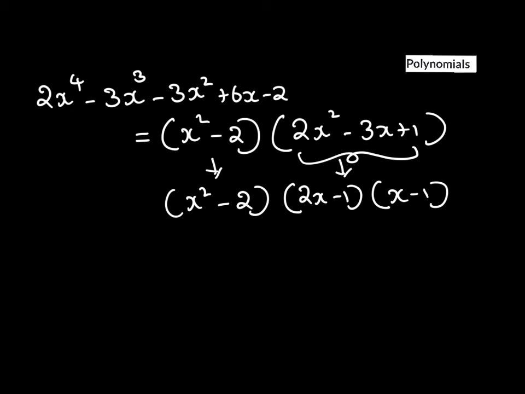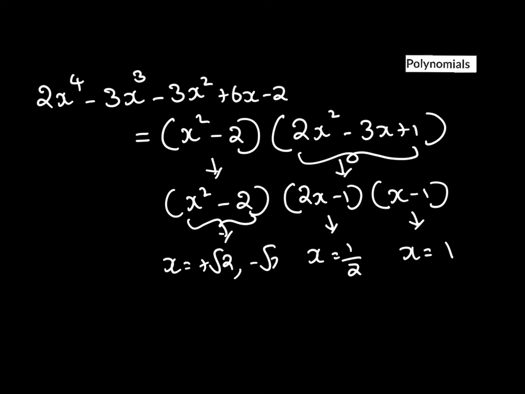So we know that the zeros of this polynomial will be, this 2x - 1, x will be equal to half, and when x - 1 is a factor, the zero of this will be 1. We already know the two zeros of x^2 - 2, which are plus root 2 and minus root 2.